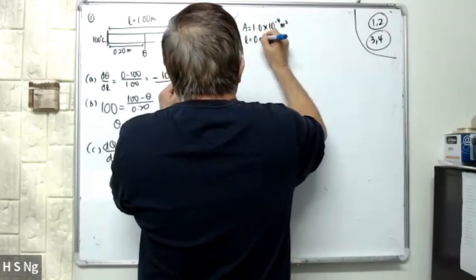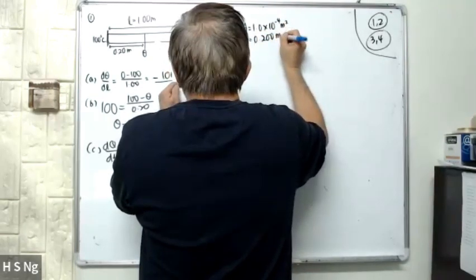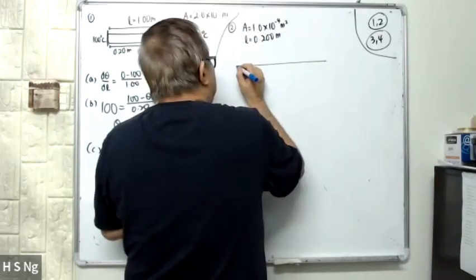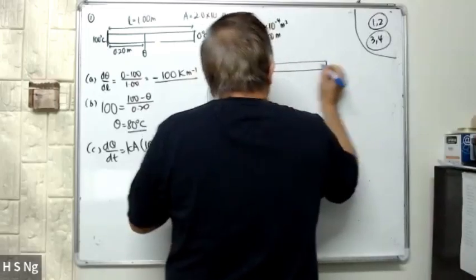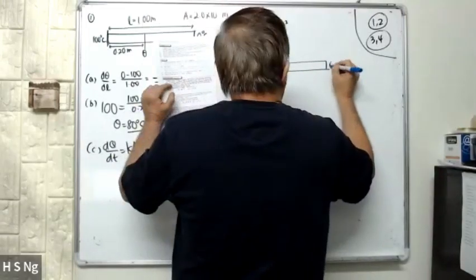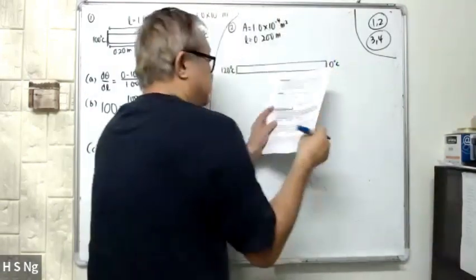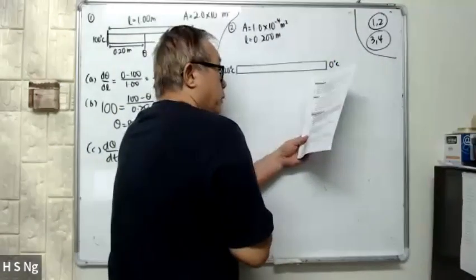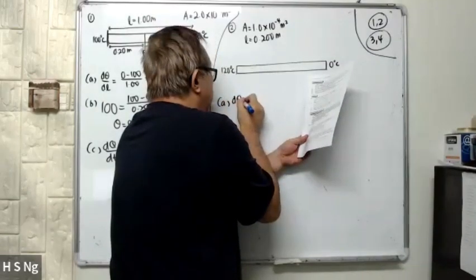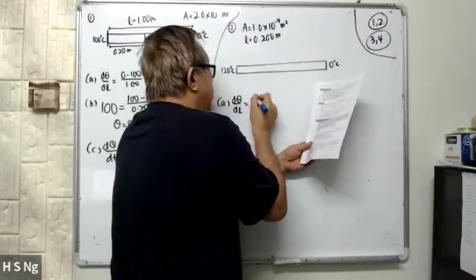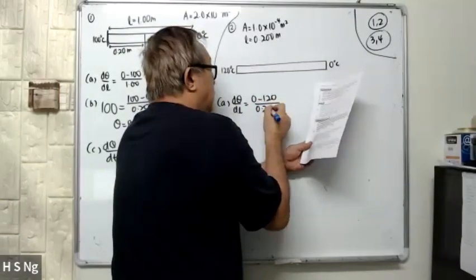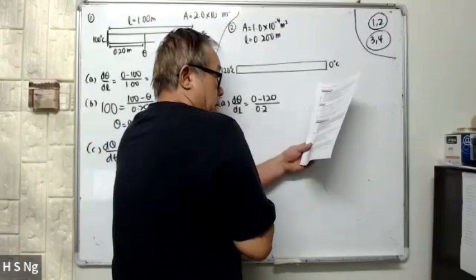Length is 20 in a steady state. The two ends are 120 and 0. Thermal conductivity given, find the temperature gradient. Again, if you want to find a temperature gradient, you put negative on it.